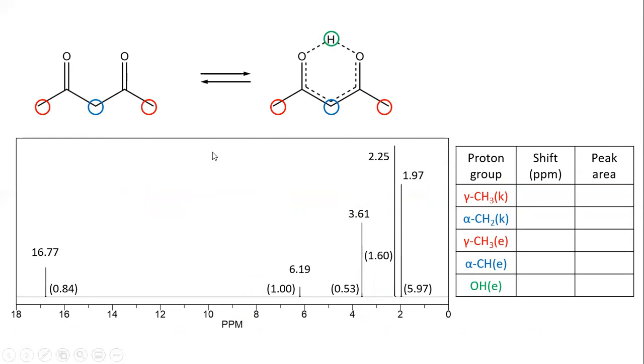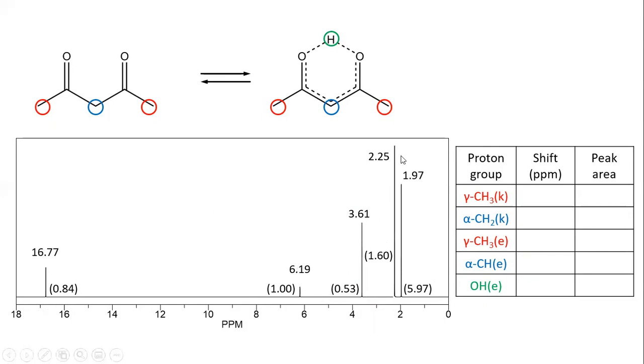Okay. So here I have the NMR spectrum of acetylacetone, which I produced using ChemDraw. So this is not a real measurement. It's just something that the software generated. Here, these numbers are the chemical shift, which is the ppm, the x-axis here, right?